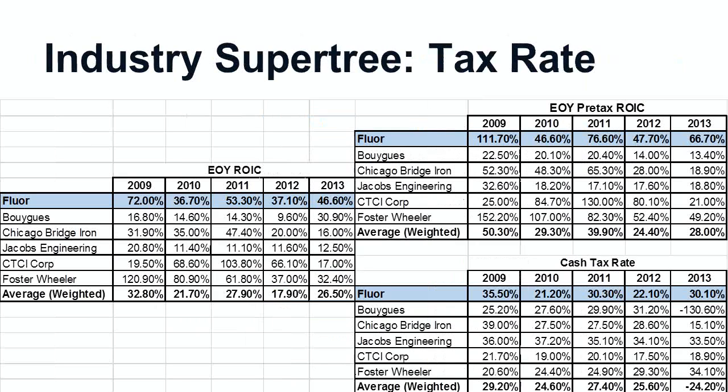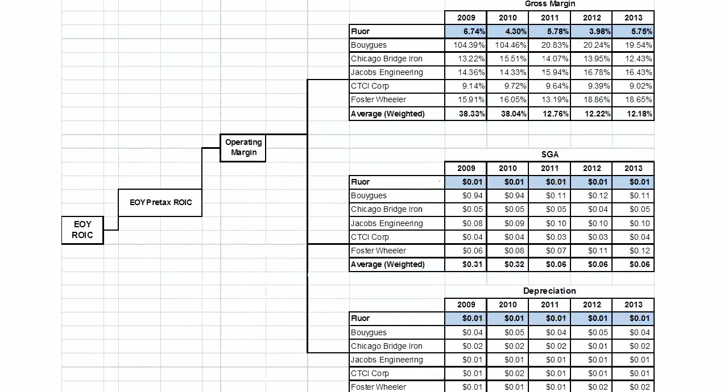If we look closer at their operating margin, we see that the gross margins also decreased over the 5-year span. This was probably because steel prices continued to rise over the last 5 years, and there's been an increased demand for skilled labor in the construction market, limiting the profits for Fluor and the industry.